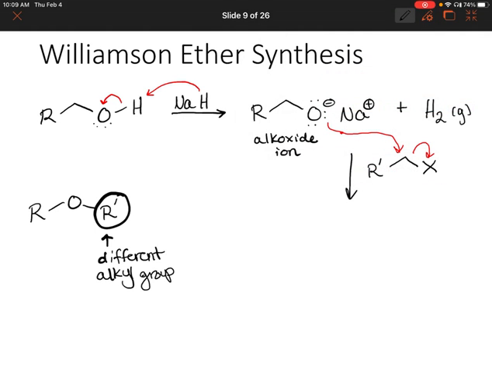Now, you do need to use a primary alkyl halide here in order to perform SN2. Otherwise, you might get an elimination reaction instead. But what you end up with at the end is potentially an asymmetric ether.